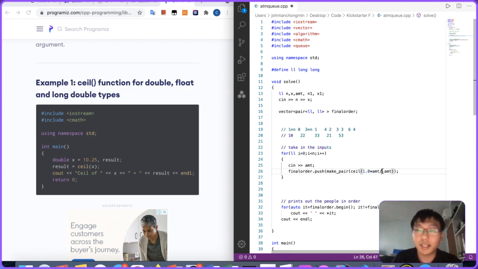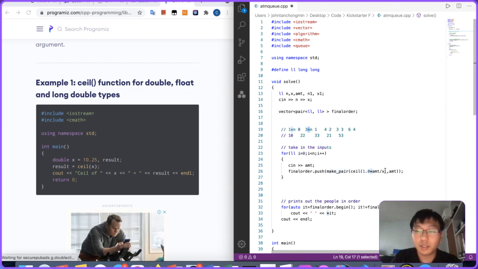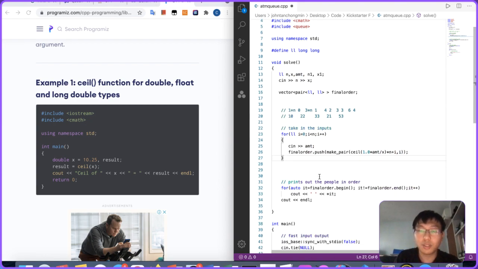amount divided by x. This will tell me how many times this person needs to withdraw from the ATM. Then we take this times n, and then we plus the index, which is i.